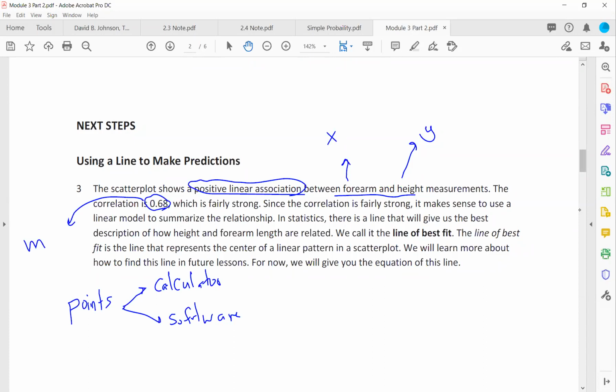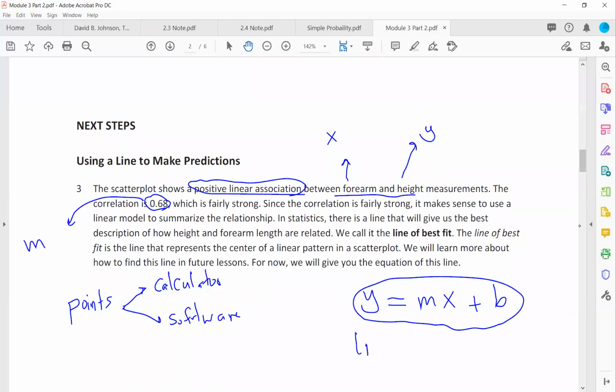It means that it's a positive number and it shows a good positive correlation between forearm and height measurements. Since the correlation is fairly strong, it makes sense to use a linear model. It means that using a line, y equals mx plus b, this is a linear model.